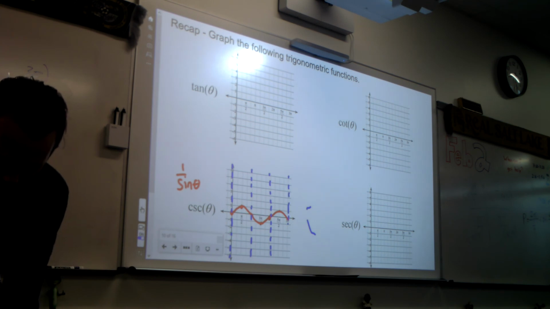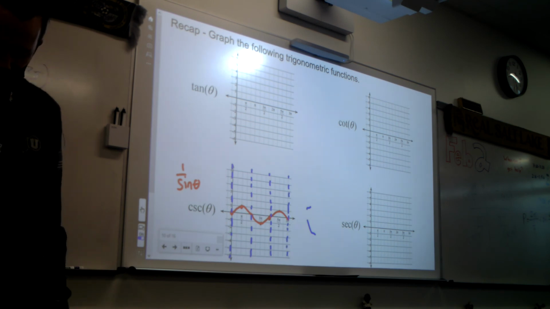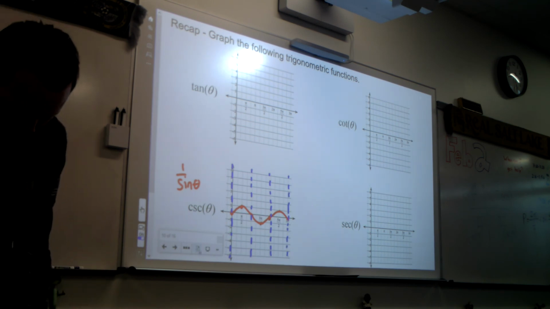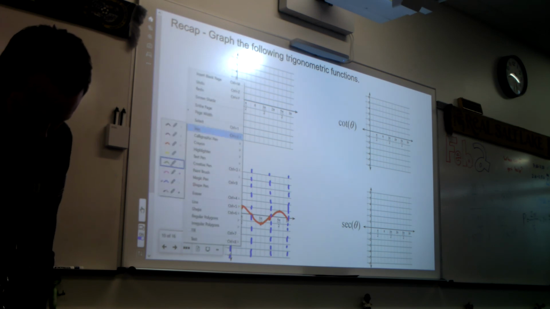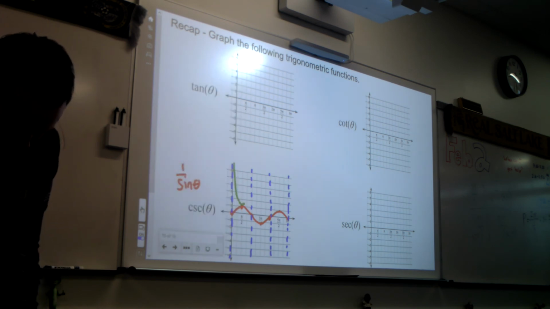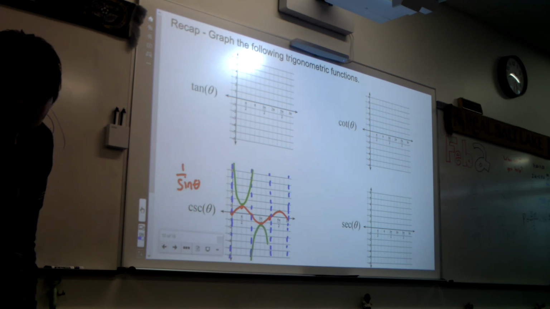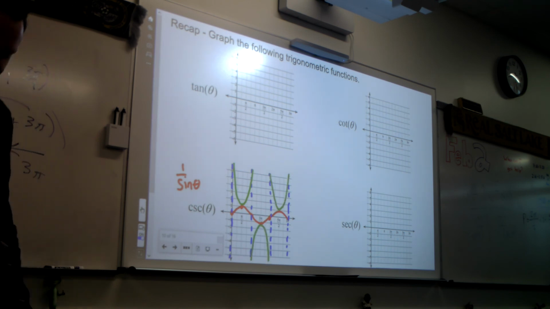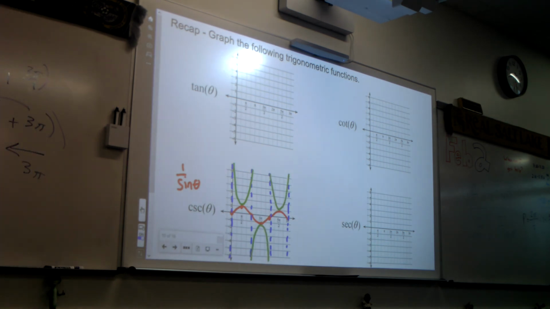And then, at the peaks and valleys, we're just going to put in the u. I'll do that in a different color. And hey, just like that, we got cosecant. That didn't take too long, right? As we get more practice, this goes faster and faster.